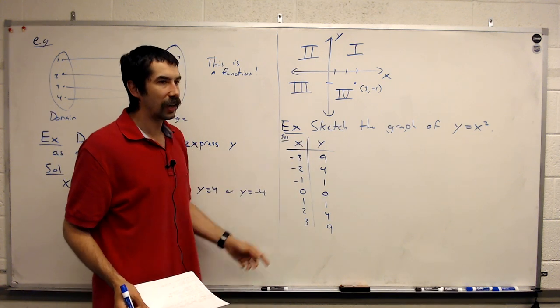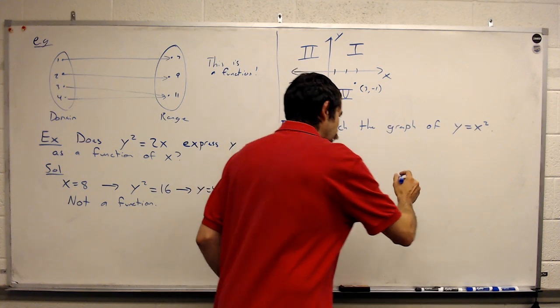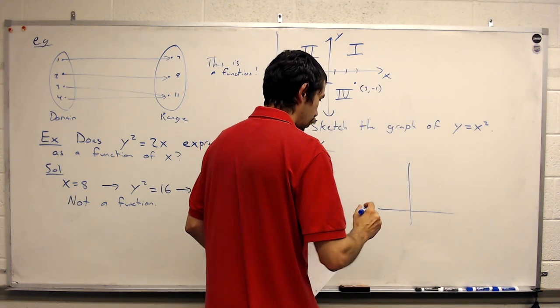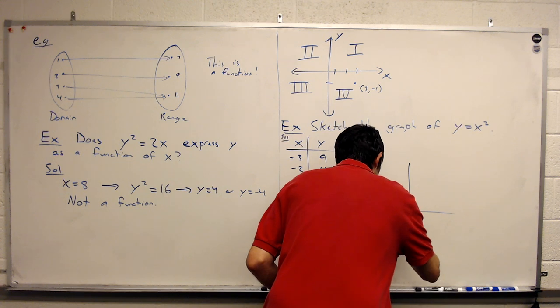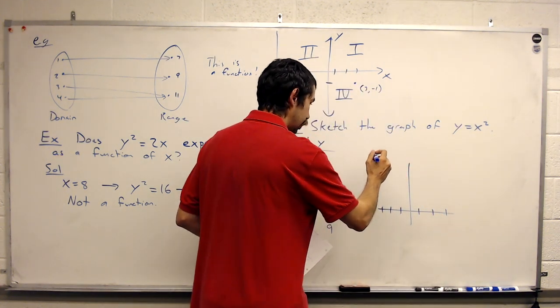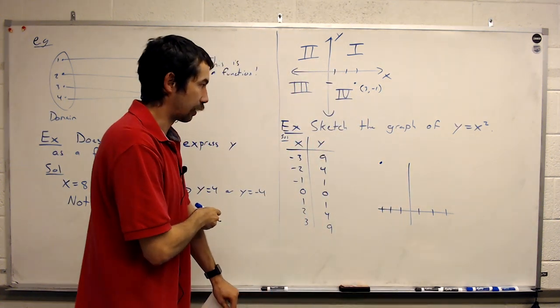All right, so one way to sketch the graph of this function is just to plot these points and see what we get. Just kind of eyeballing it. Up here is the point (-3, 9).